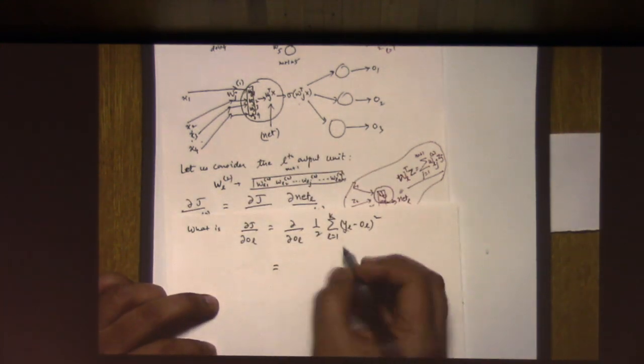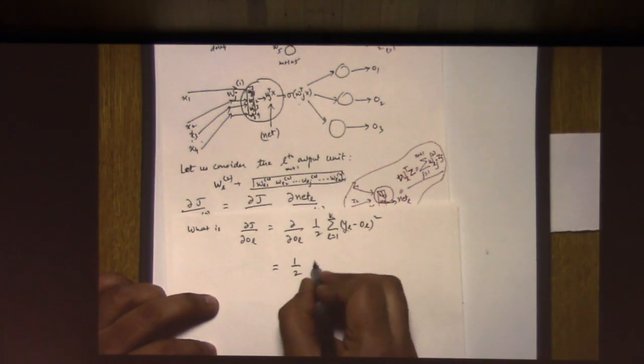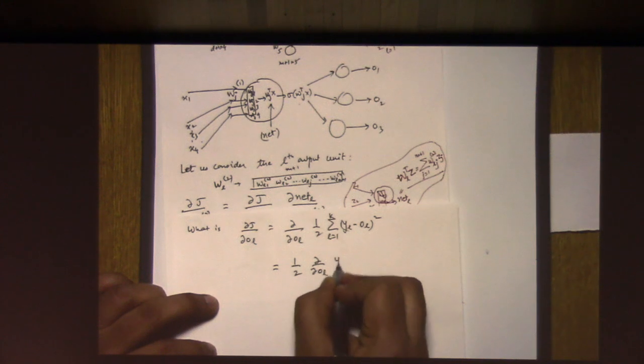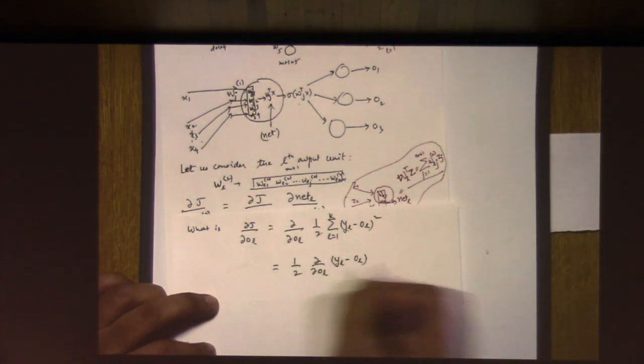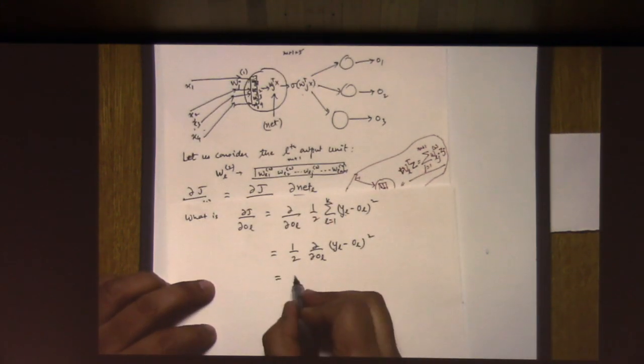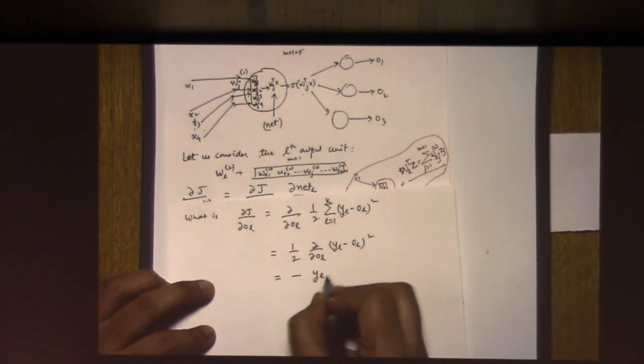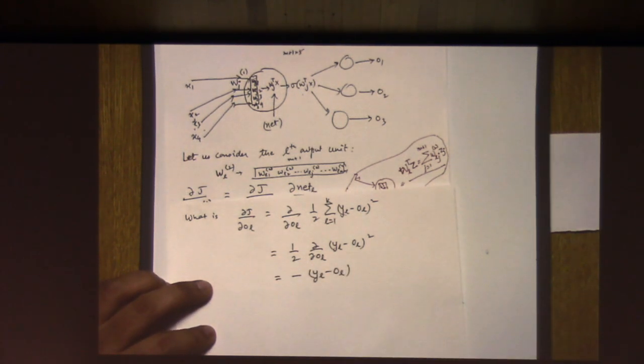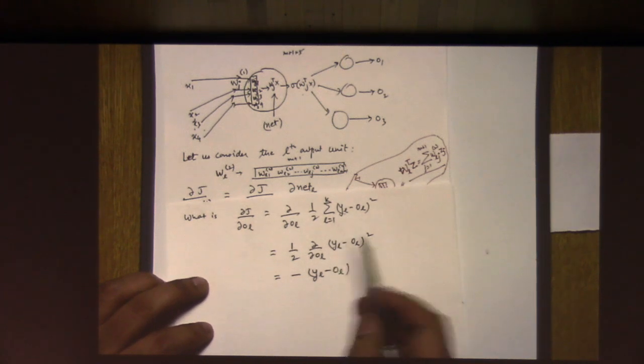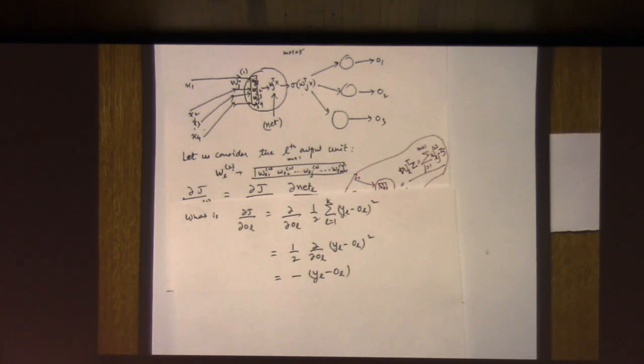The only thing that will be left is half d of O_L times (y_L minus O_L) whole square, which can be written as minus (y_L minus O_L), because the 2 cancels with this 2. Any questions so far? All right, good.